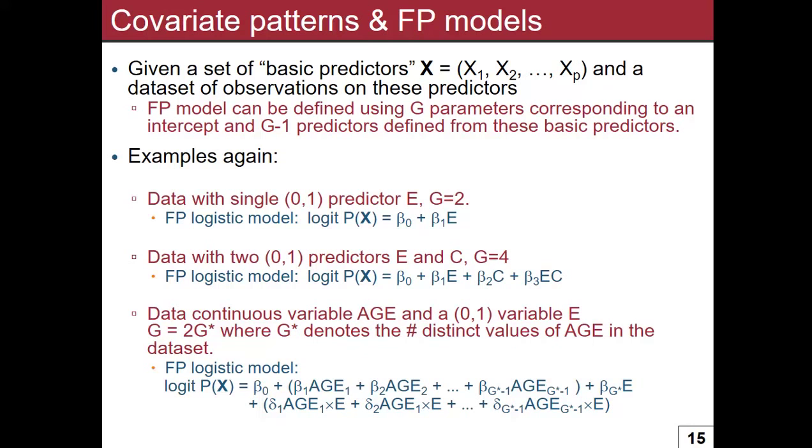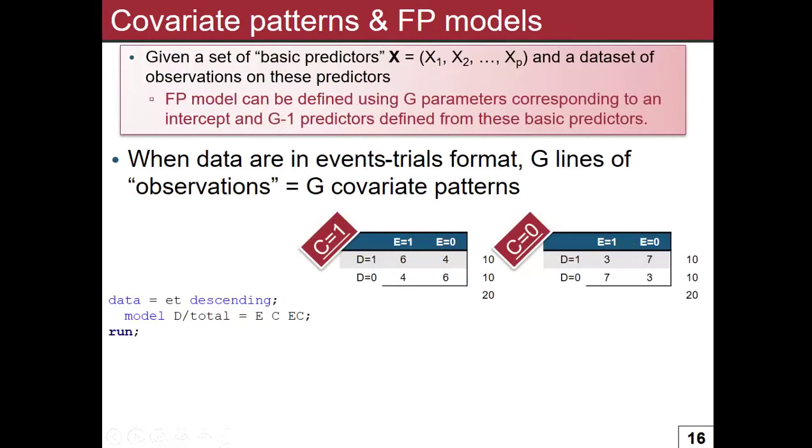So this is just an observation that the highest order interaction model always has as many terms as the number of covariate patterns. What happens here is we're going to fit a model that is fully parameterized. And this model doesn't predict the 0-1 outcomes perfectly.